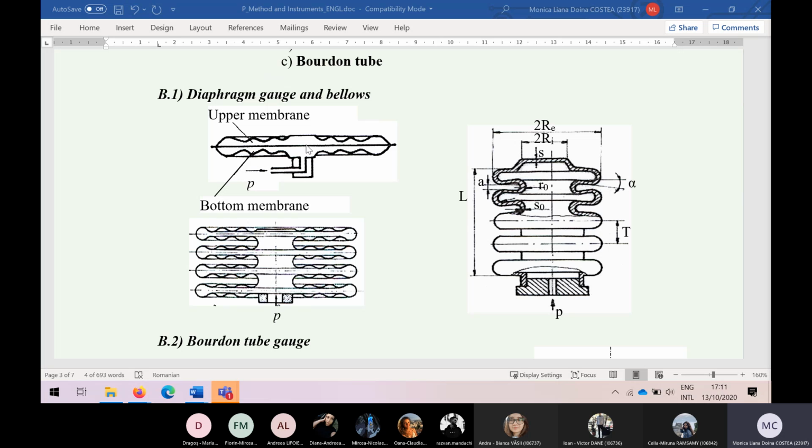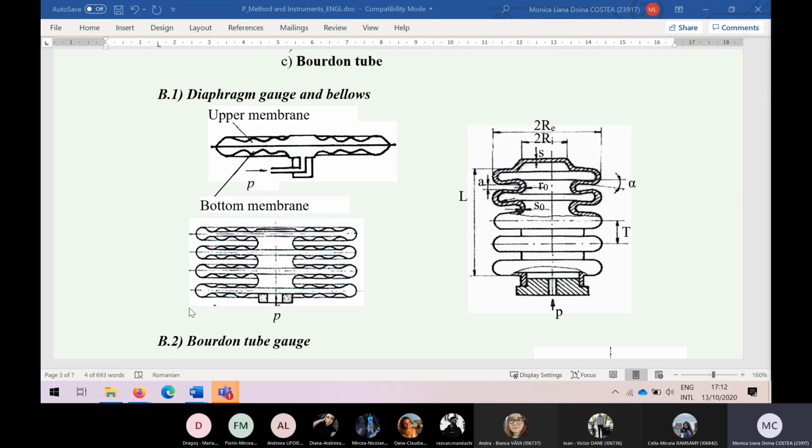We have here a membrane; the pressure that we have to measure enters inside, and it will determine the deformation of the membrane, which is in connection with the pointer of the apparatus, and the pointer will move corresponding to the pressure that is measured.